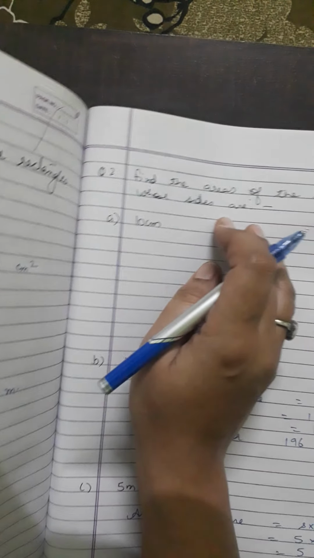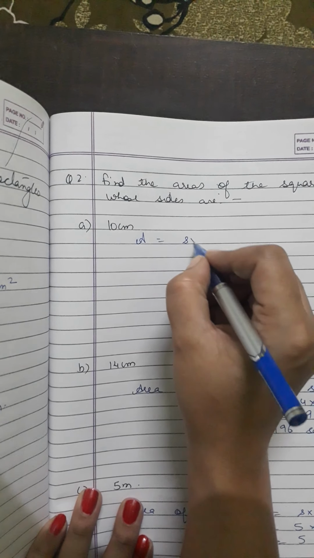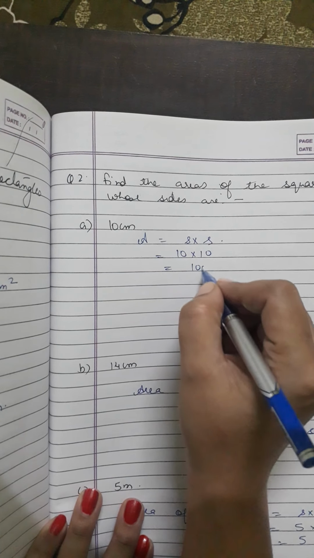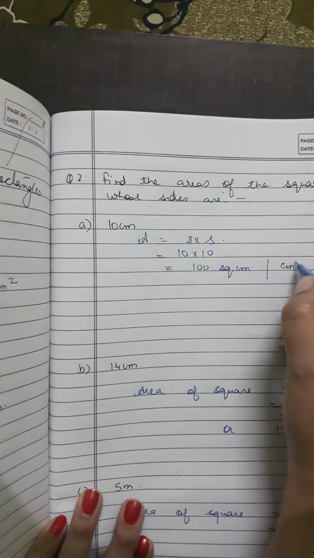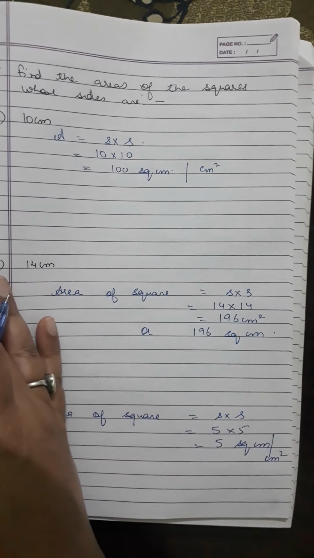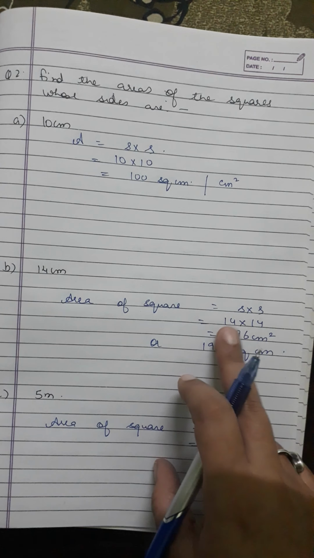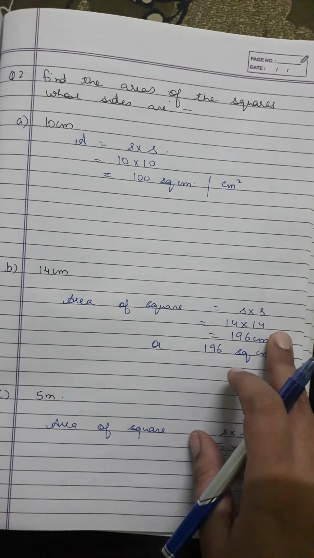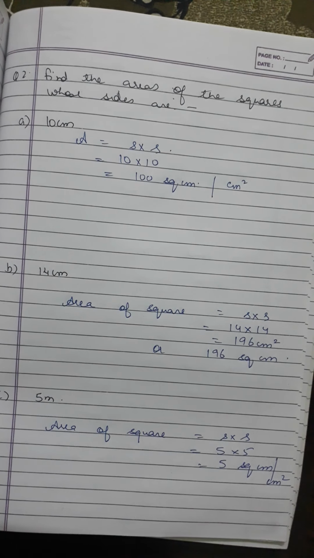Now question number 2: find the area of the square whose side is 10 centimeters. So area is side multiplied by side. So it will be 10 multiplied by 10, which is 100 square centimeters, or you can write it as centimeter square. The B part is 14 centimeters. So area of the square is side multiplied by side. 14 multiplied by 14 is 196 centimeter square, or you can write it as 196 square centimeters.